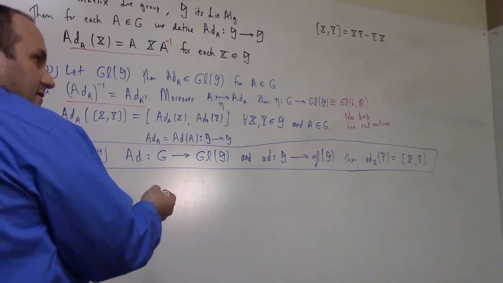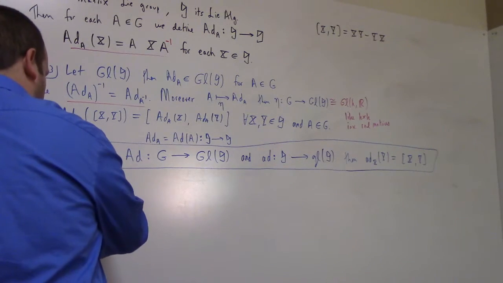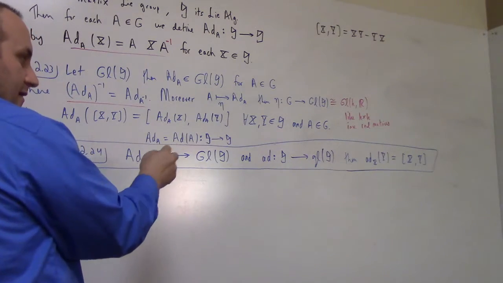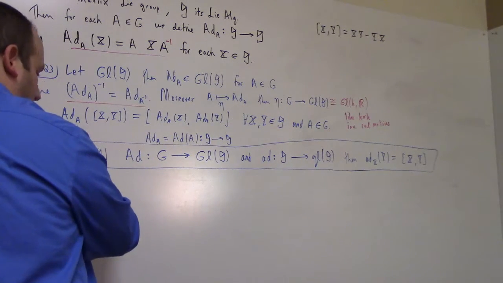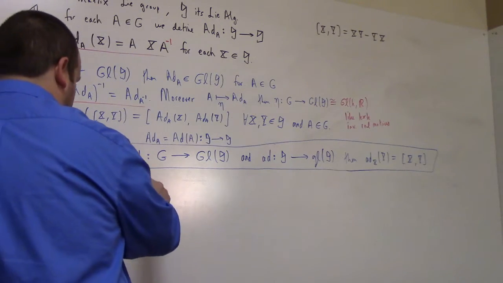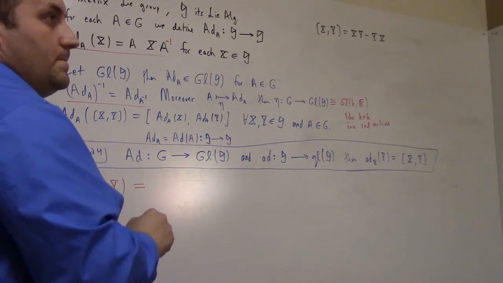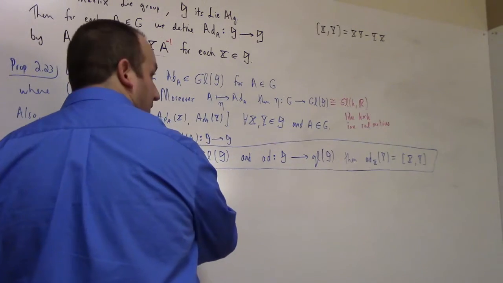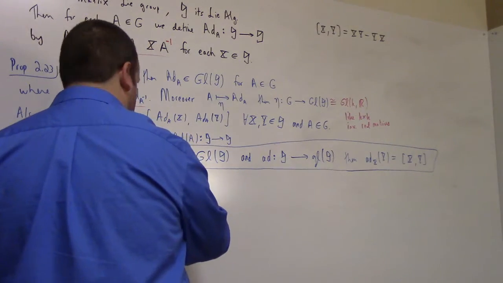So little ad of x acting on y should be equal to the differential at the identity of eta.